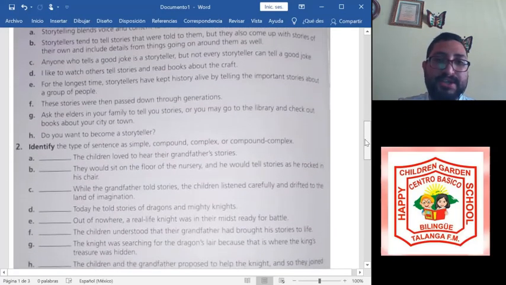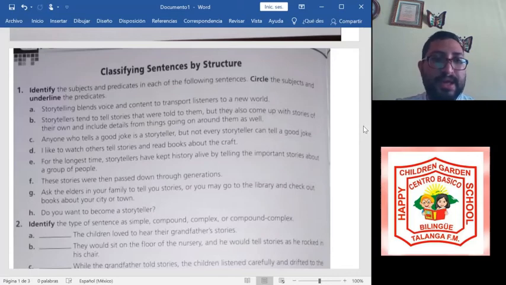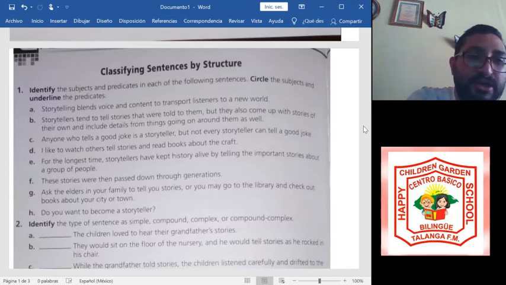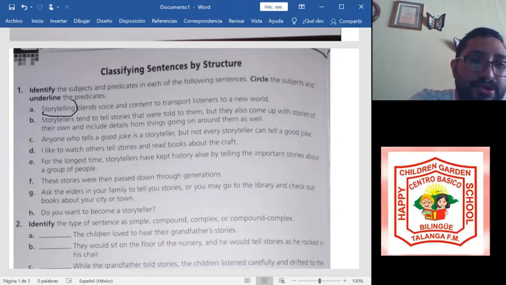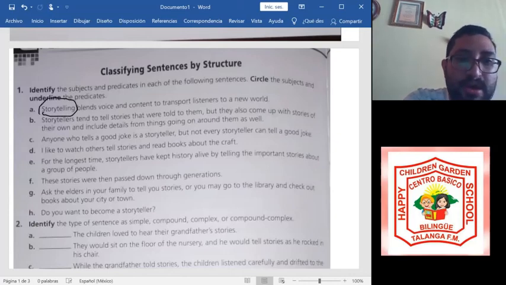In the first exercise, we're going to identify the subject and the predicate. Circle the subject and underline the predicate. Storytelling blends voice and content to transport listeners to a new world. So, who is our subject? Our subject is storytelling. We're going to circle the subject and underline the predicate.